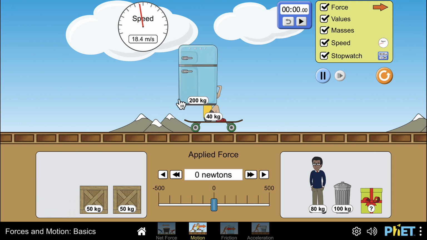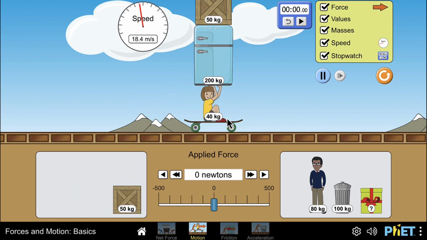So with a big mass and the same force, you get less acceleration, which means it will take more time to speed it up and more time to slow it down. But when you divide the force by a smaller mass, you get big acceleration.